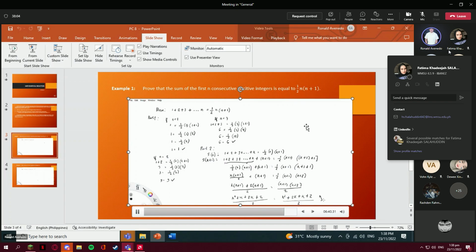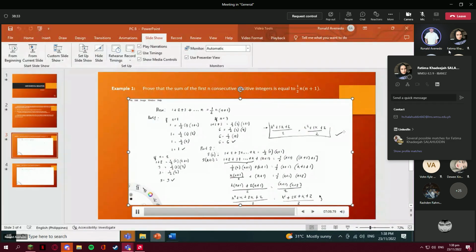Then simplify. Left side: k squared plus k plus 2k plus 2, that is k squared plus 3k plus 2 over 2. Right side: k squared plus 3k plus 2 over 2.